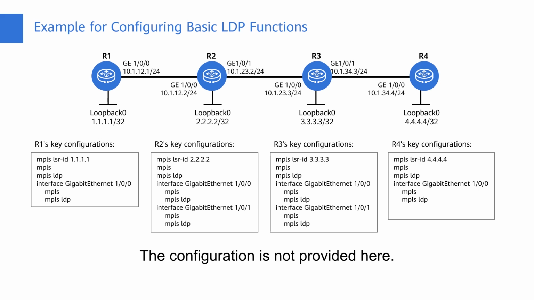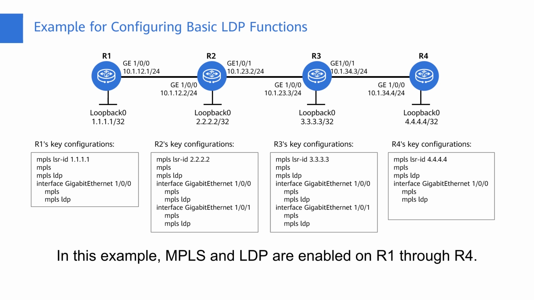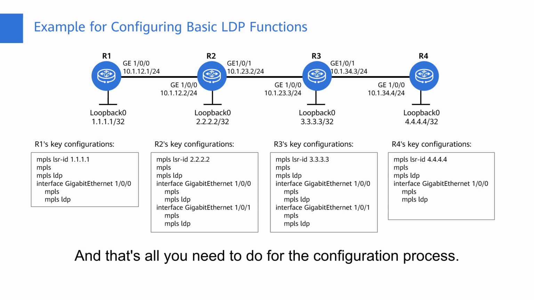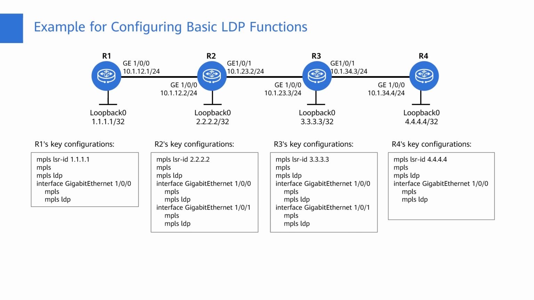The configuration is not provided here. Step 2. Enable LDP. In this example, MPLS and LDP are enabled on R1 through R4. The IP address of loopback 0 is used as an LSR ID. And that's all you need to do for the configuration process.